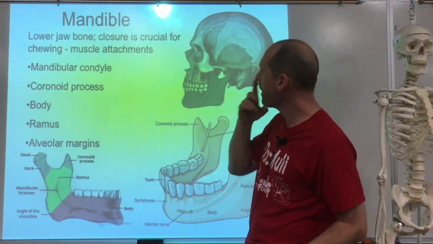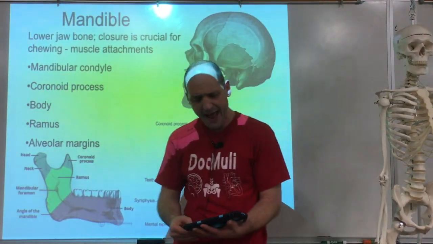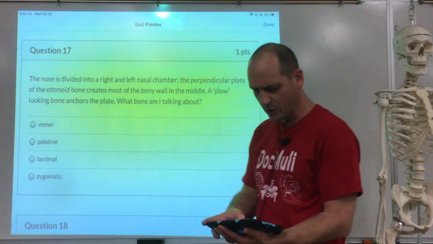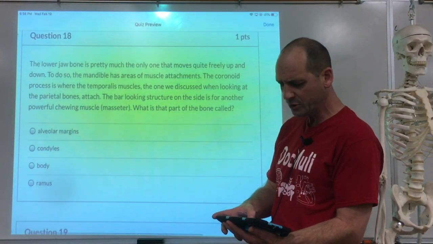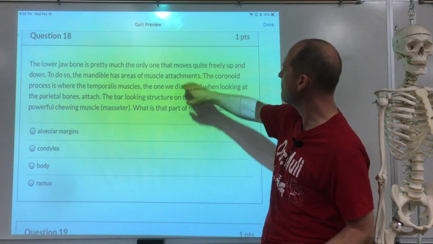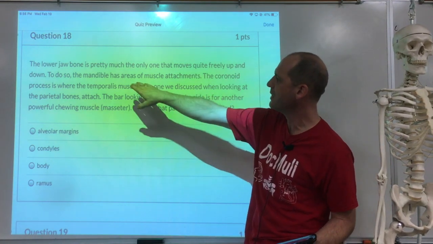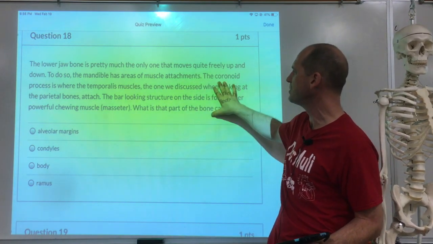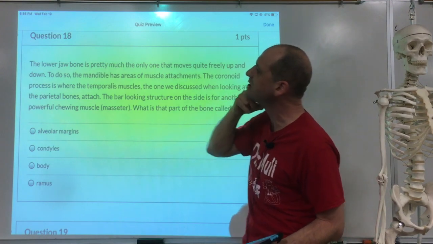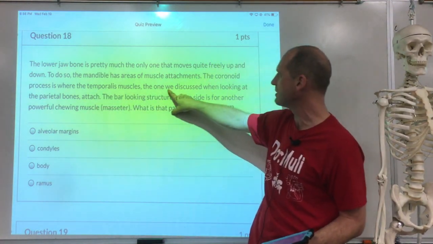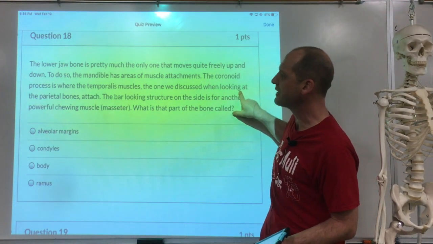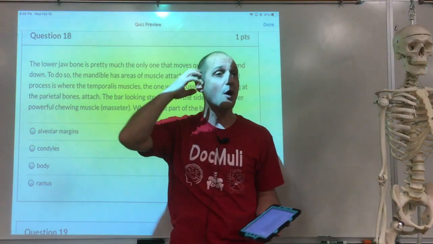I'm sorry. And then we get to the mandible. The lowest jawbone is pretty much the only one that moves quite freely up and down. So the mandible has muscle attachments. The coronoid process is where the temporalis muscle attaches. We discussed that when looking at the parietal bones. Do you remember that up here?